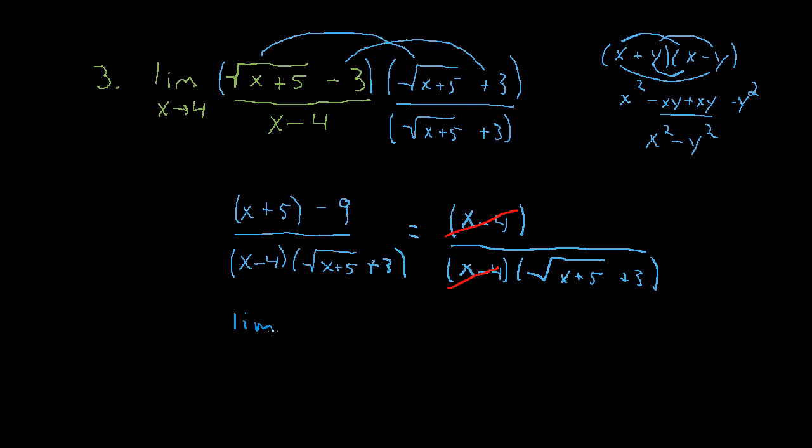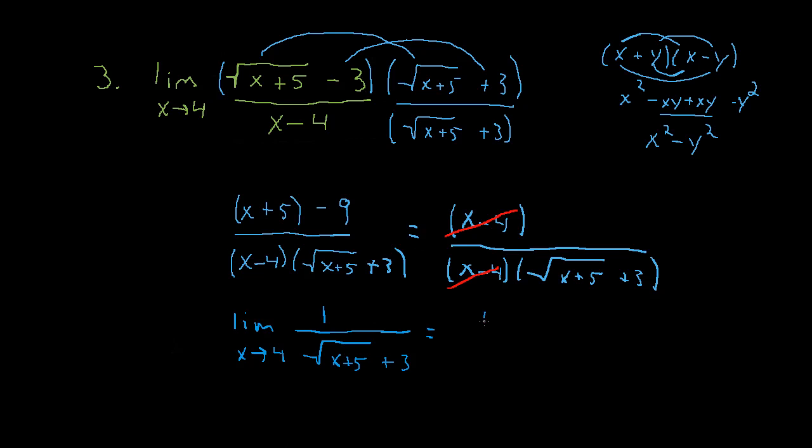Okay, so let's rewrite our limit statement now. We get the limit as x goes to 4 of, well, we already said we have a 1 up top here. And in the denominator we're left with just this, which is the square root of x plus 5 plus 3. Now it looks like we can take our 4 and plug it in for wherever we see an x.